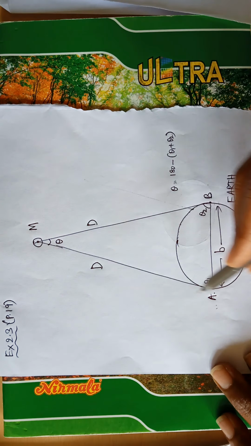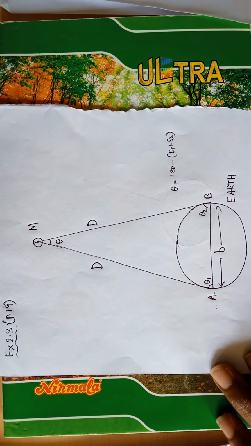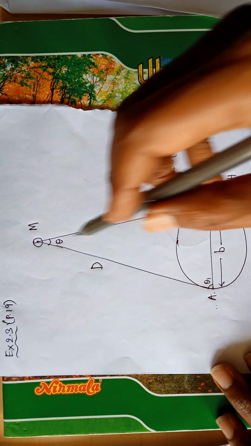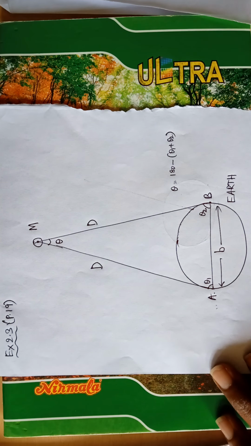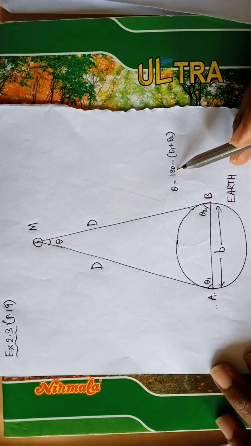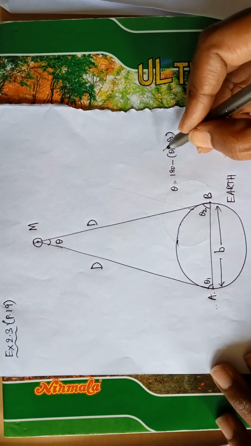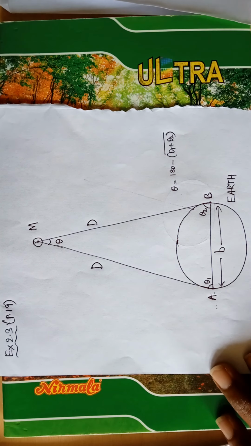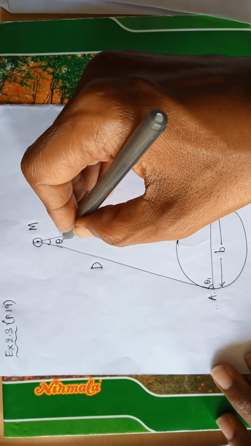This is nothing but a triangle, and in a triangle the sum of the three angles is 180 degrees. So if these two angles are known, this angle can be found. So theta is equal to 180 minus (theta 1 plus theta 2). In this way we can find this angle theta.